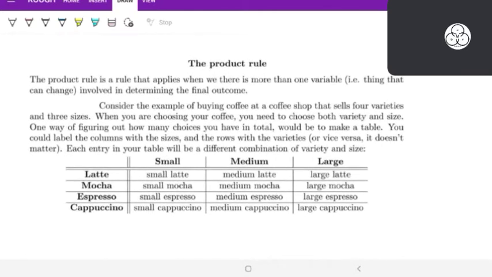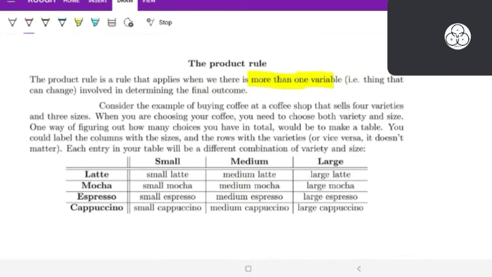What is the product rule? Product rule is a rule that applies when there is more than one variable involved in determining the final outcome.